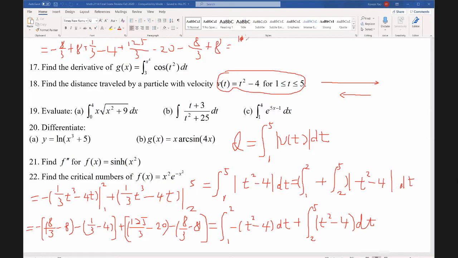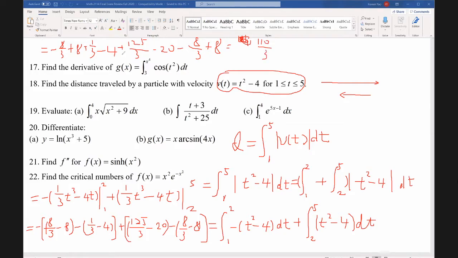No, 115. Oh, no, let me do it again. Negative 8 plus 1 is negative 7. Negative 7 minus 8 is negative 15. 125 minus 15 is 110, right? Sorry, 110. 110 over 3.